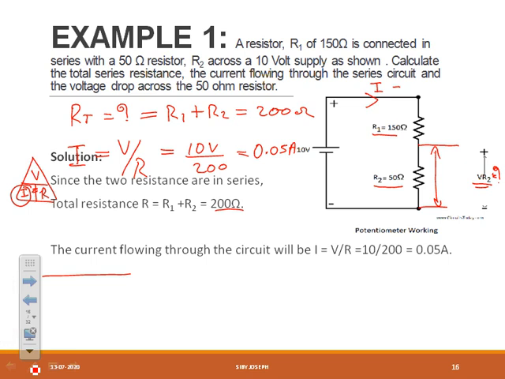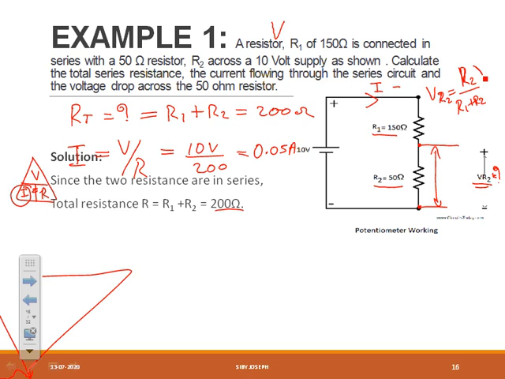By using the voltage division rule, VR2 can be defined as R2 divided by the total resistance, that is R1 plus R2, into the applied voltage.